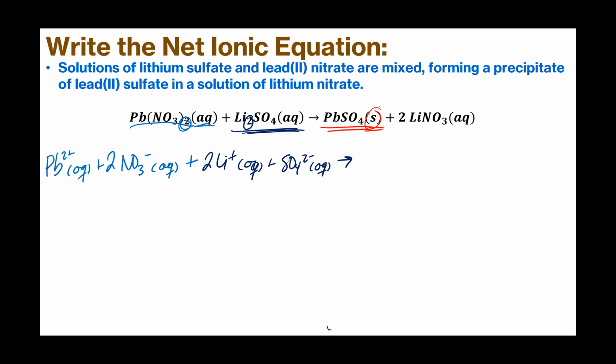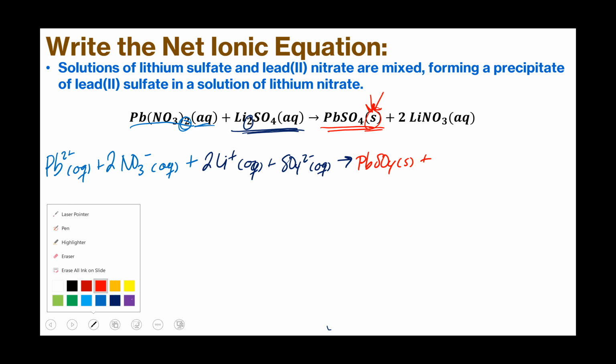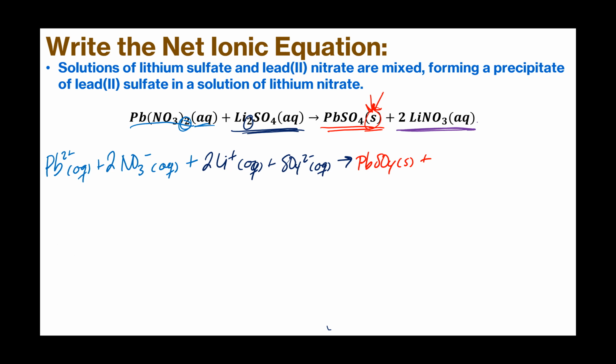Because it's a solid, it's going to stay together, and we don't dissociate it. So that's going to be PbSO4 solid. And then we have one more thing, lithium nitrate. There's 2 lithium nitrates, and they are aqueous. So we're going to get 2 Li+ aqueous and 2 NO3- aqueous. Okay, there's our complete ionic equation.